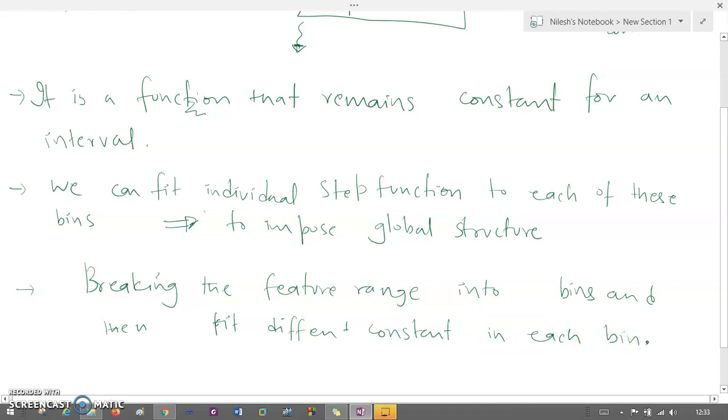Okay, this is what we do in step function. So step function is a constant function for a duration and we can apply that constant function or a step function in each of these bins that we had created.